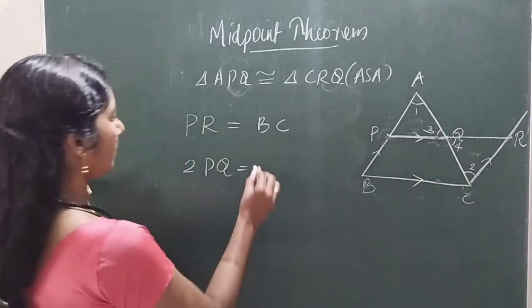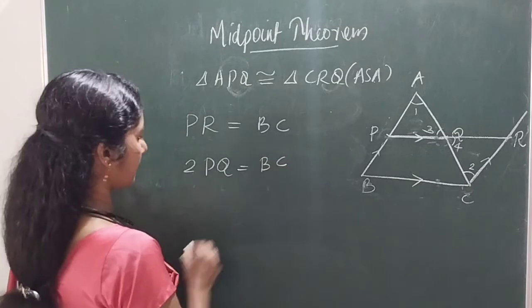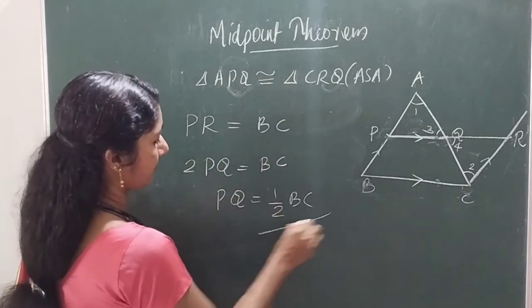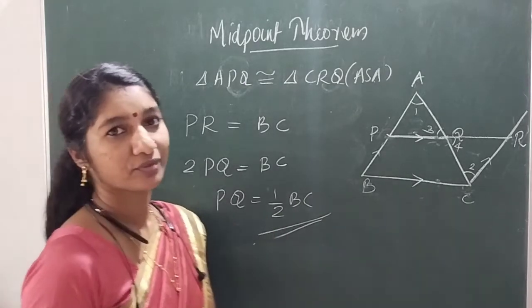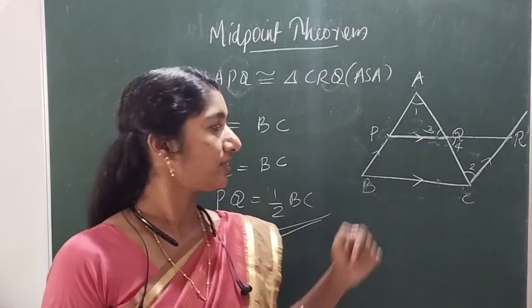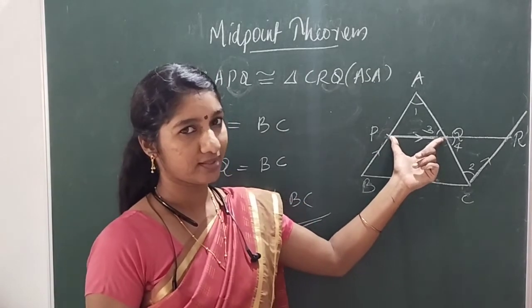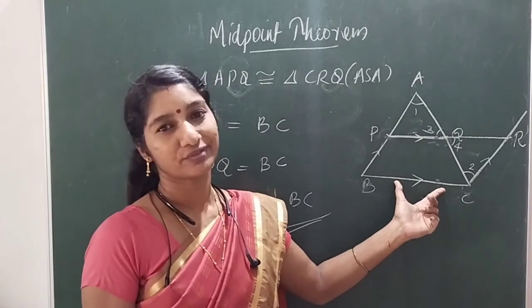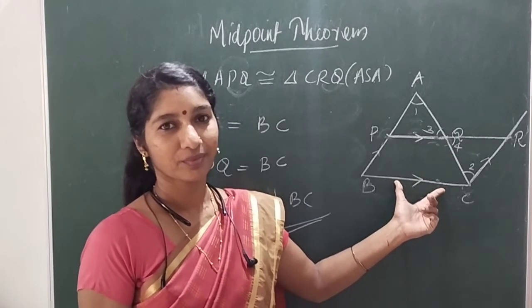Okay. So 2PQ is equal to BC, so PQ is equal to half of BC. So we got one more piece of information for the triangle ABC, where the midpoints P and Q are given: the line segment joining the midpoints is parallel to the third side of the triangle, and also half of the third side.